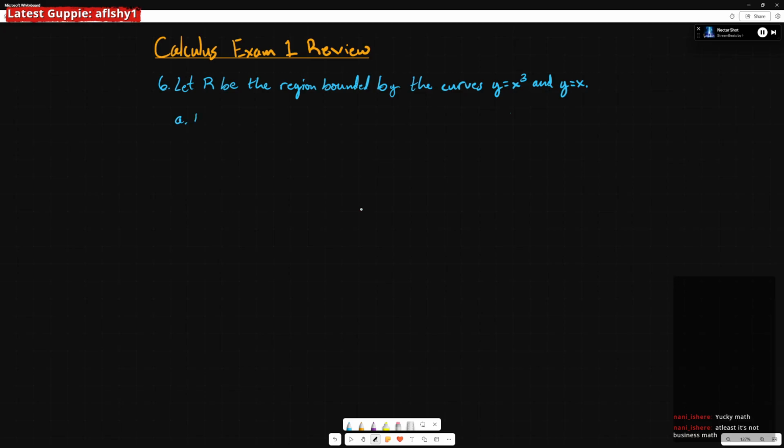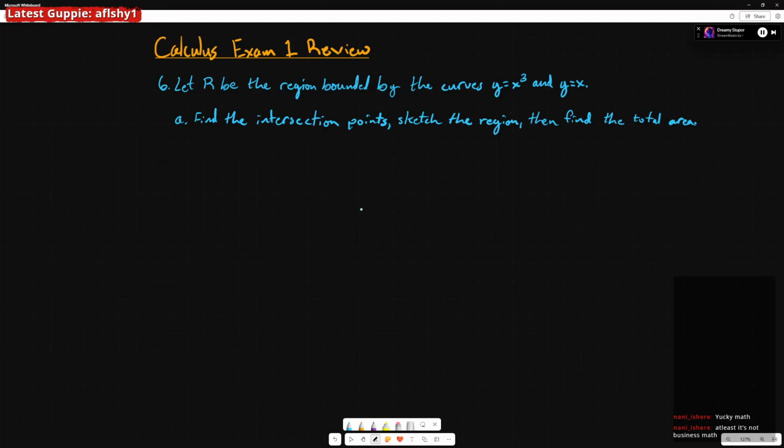So number 8 says find the intersection points, sketch the region, then find the total area. Okay. Got it?